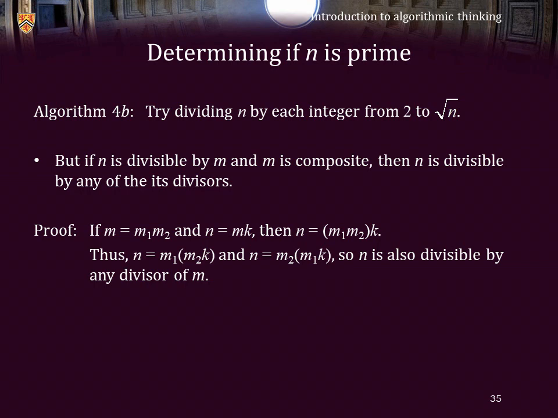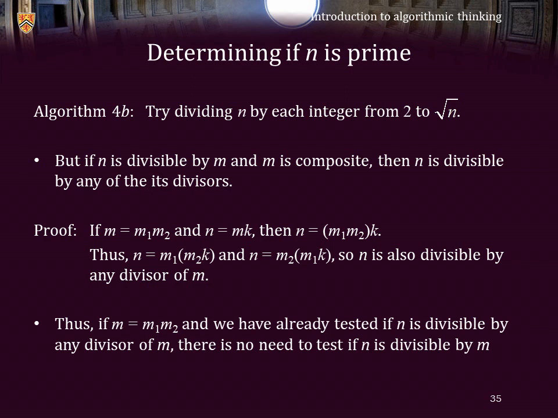And also n is equal to m2 times another integer, so n must also be divisible by any divisors of m. Thus, if we are testing if n is divisible by a composite number, well, we've already tested previously its divisors, so there's actually no need to test if n is divisible by m.